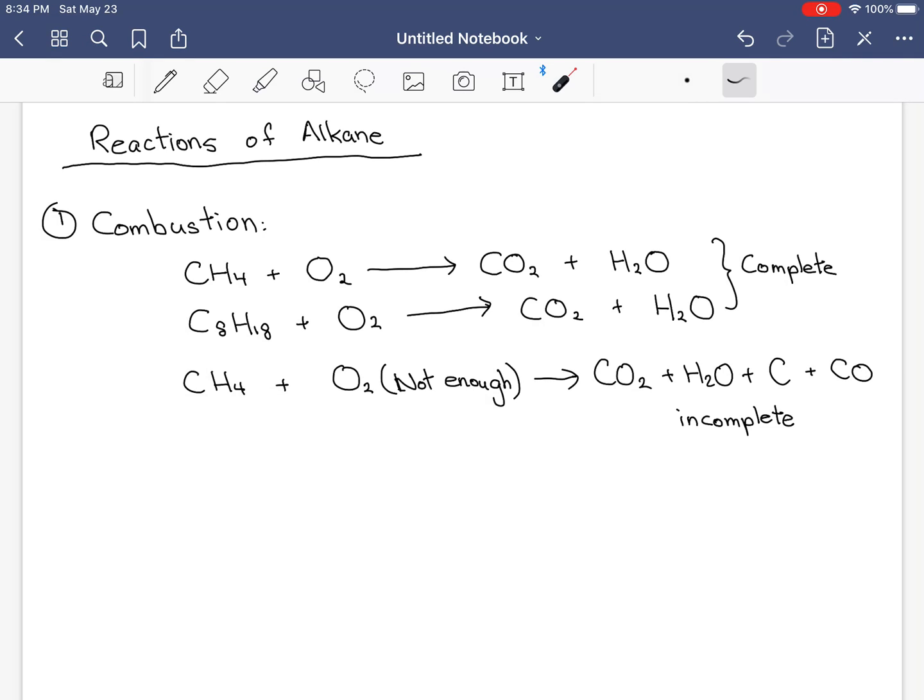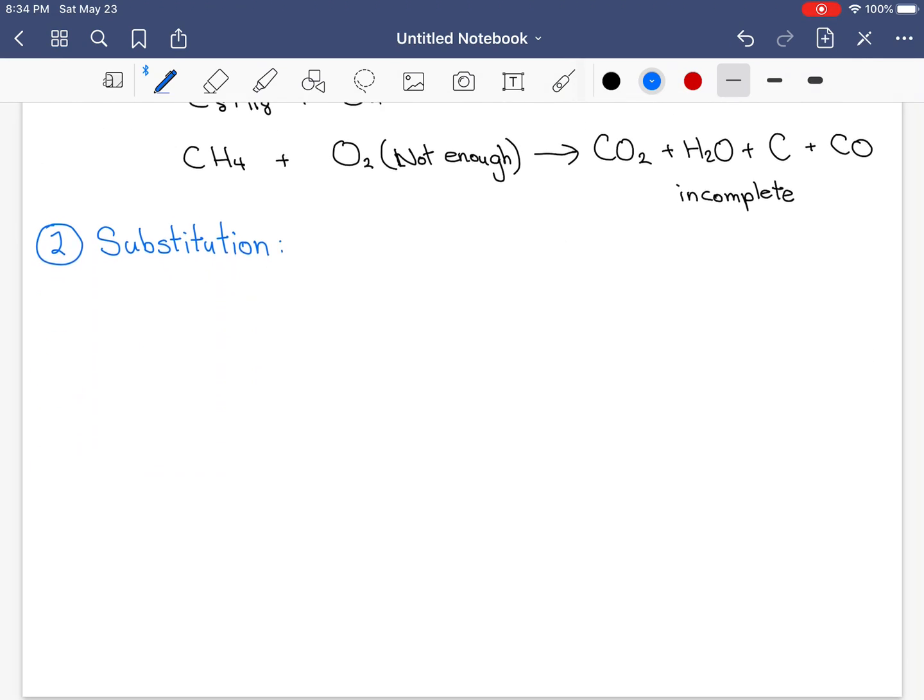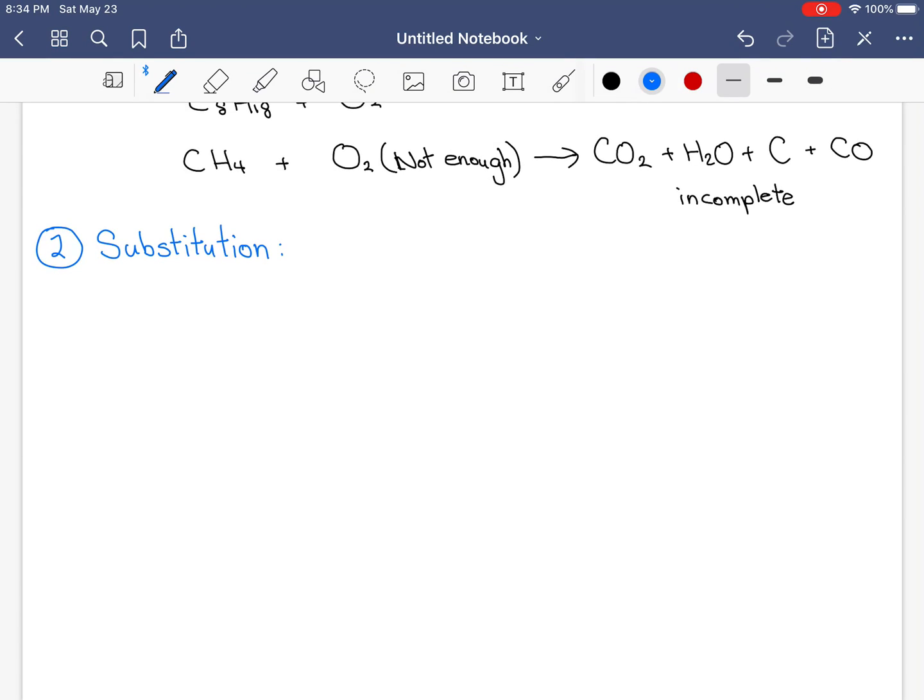So let's take a look at what we should know here now in grade 12. Let's take a look at this reaction. This reaction is known as substitution. So, in terms of alkane, what are you substituting?